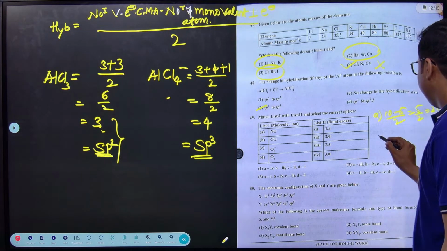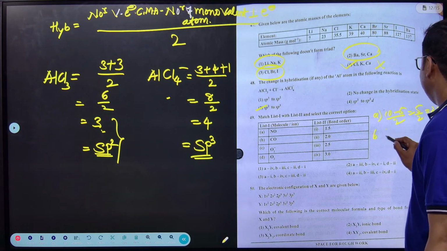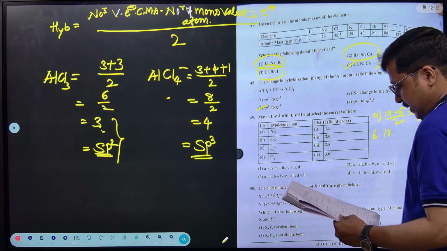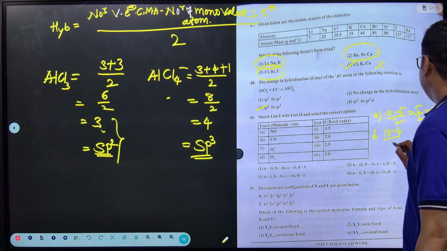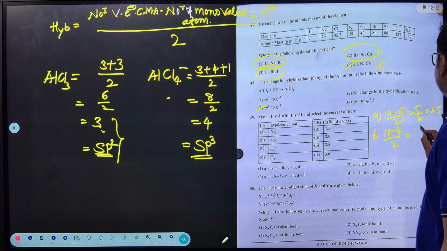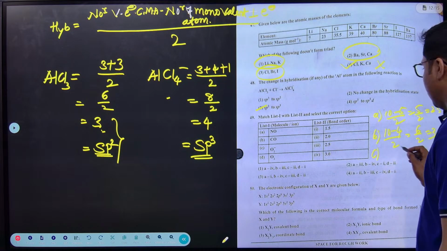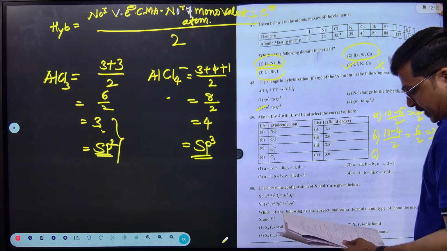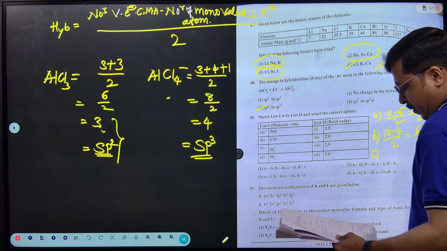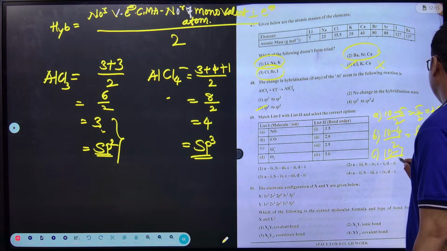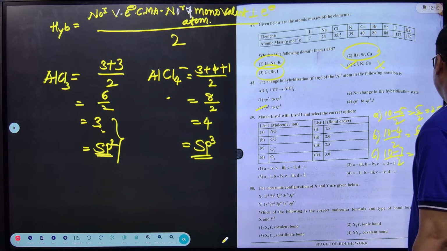And for B, this is 10 minus 4 divided by 2, equal to 6 by 2, equal to 3. And for C, this is O2 minus, the bond order will become 10 minus 7 divided by 2, 3 by 2, equal to 1.5.